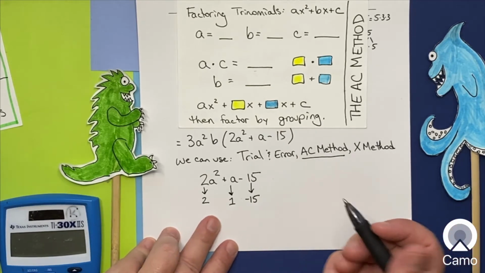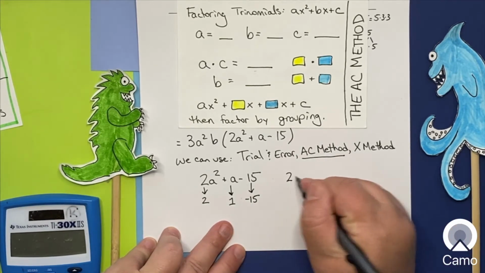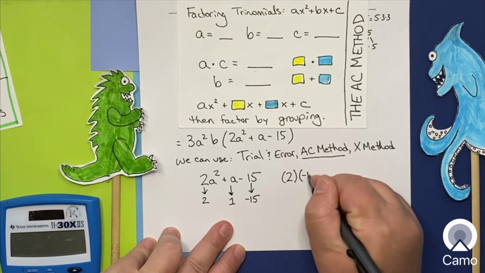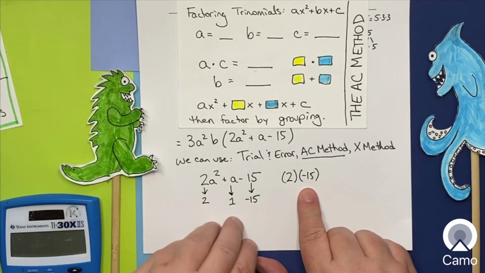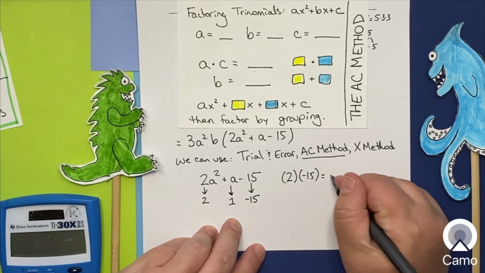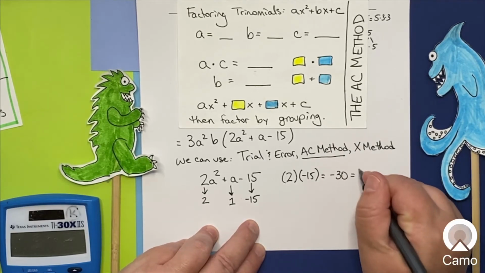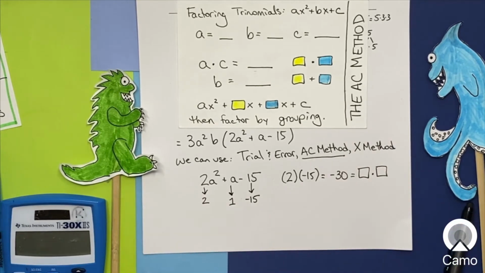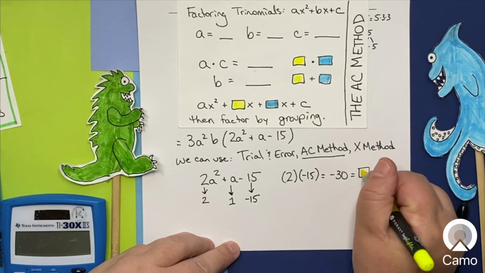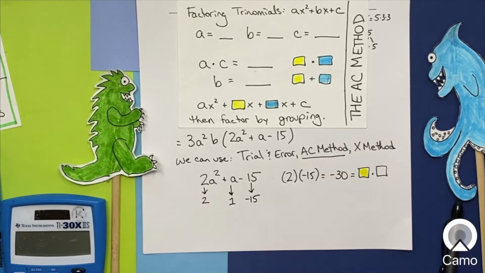So what I'm supposed to do is take 2 and multiply it times 15, right? You take these 2, the A and the C. I know it's confusing because there are too many A's running around, but the first one and the last one get multiplied together, and we get negative 30, and that's supposed to be the product of 2 secret numbers. And what are the secret numbers? We don't know yet. We're going to have to figure those out.